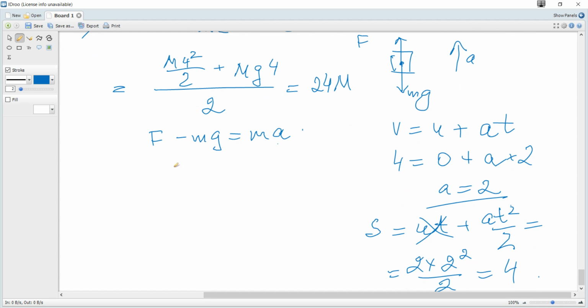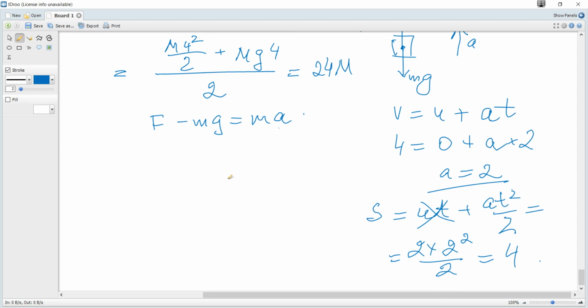Or if we consider forces, we know that power is F times V. If force is constant and V is constant, power at any moment of time will be equal to the average power.